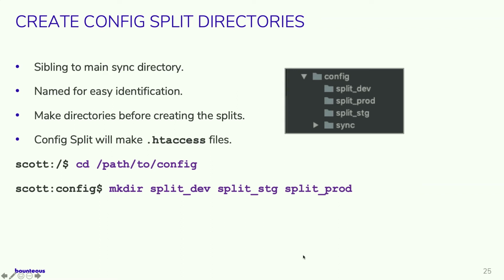You do need to make the directories before creating the split, otherwise the config form for the split will get a little fussy with you. But it will make the htaccess file to prevent people from just navigating into that directory. So basically, just path to where the config directory is, and then a single make directory statement would make all three folders at once.